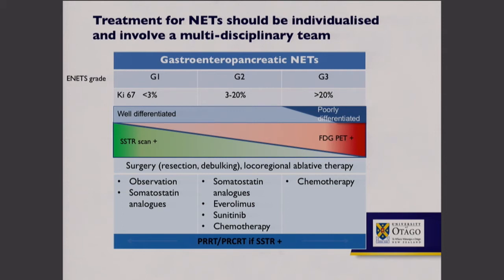And particularly the small intestinal NETs, they can cause lots of fibrosis in your mesentery, and that itself can cause symptoms. So by removing those early on in diagnosis, particularly if it already looks like there's some obstruction to the blood supply to the gut, then we're saving a lot of issues further down the track.